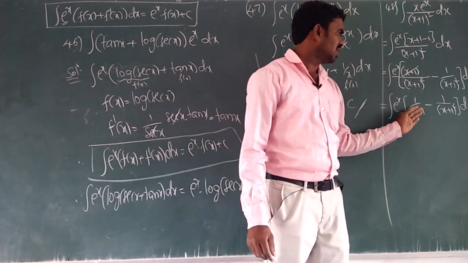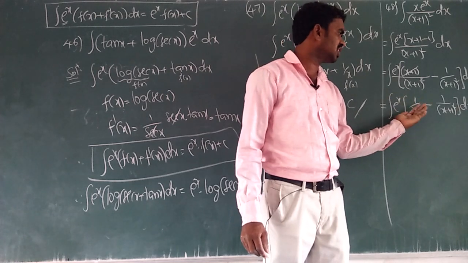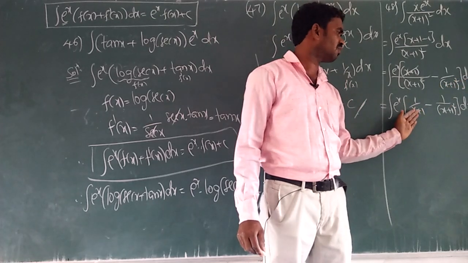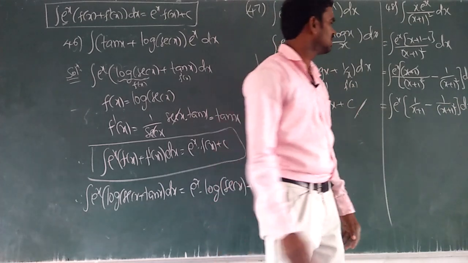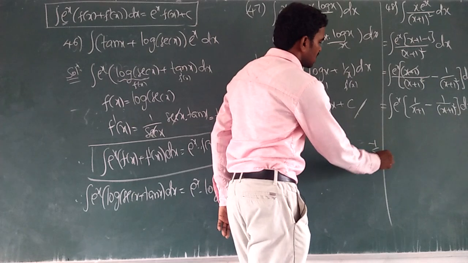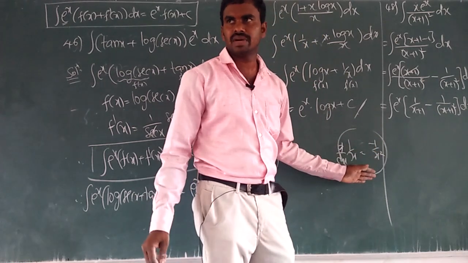Now see, 1 by x plus 1 is the function. Check the derivative of this one, what it will be. The derivative of this function will be minus 1 by x plus 1 whole square. Very simple. What is the derivative of 1 by x? Minus 1 by x square. d by dx of 1 by x is minus 1 by x square.